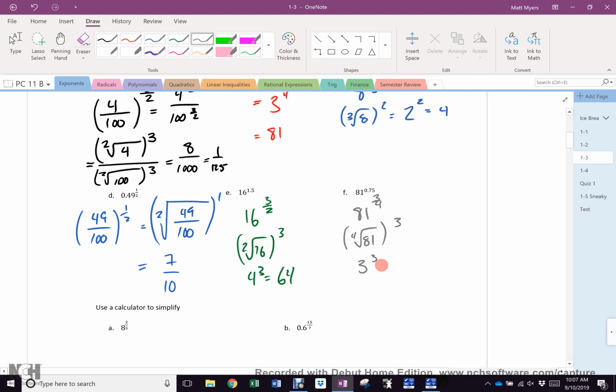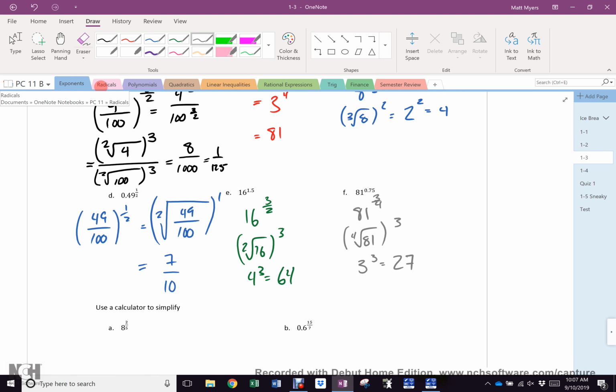3 cubed, and that is 27. Now, you will notice that I am expecting some memory of how to do this when they're ones that are perfect, right? You will also notice that I have a whole second tab here on radicals.